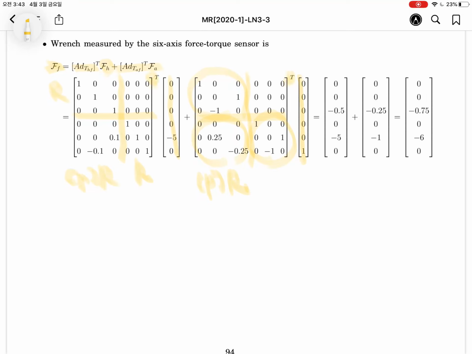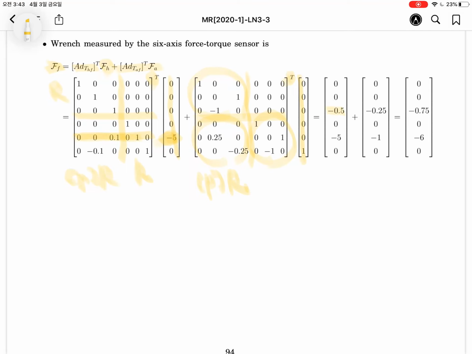Actually, the transpose operator should be applied to produce the result. Then actually the force element remains. I think this part can appear as a result using the minus 5.